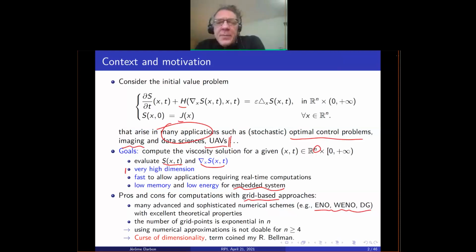In practice, it means that these numerical approximations are not doable when n is larger than or equal to 4. If it works for 4, then you go to 5, and you will need terabytes of memory. That behavior about the difficulty of computing solutions of Hamilton-Jacobi PDEs is known as the curse of dimensionality, a term coined by Richard Bellman.